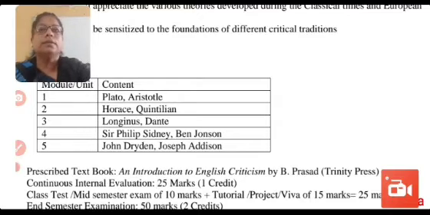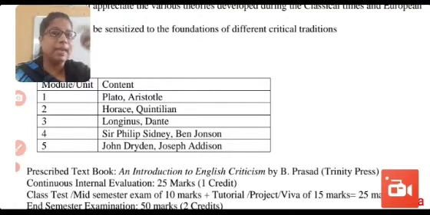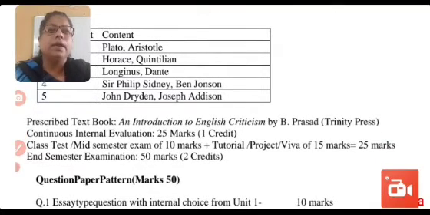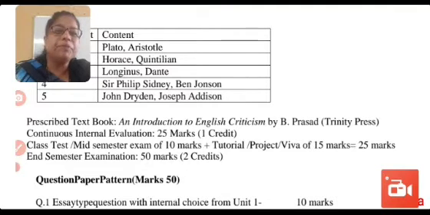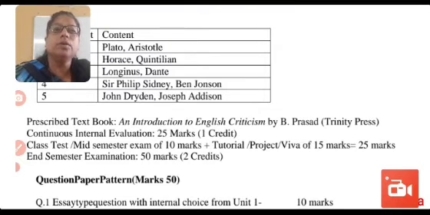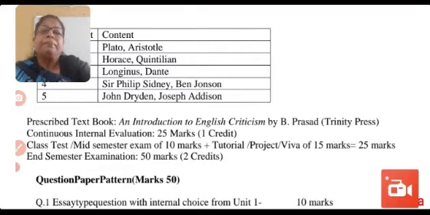So here is a combination of the classical as well as the European Renaissance traditions of English literary criticism. The prescribed textbook is An Introduction to English Criticism, which is written by B. Prasad. And this book covers all these topics.